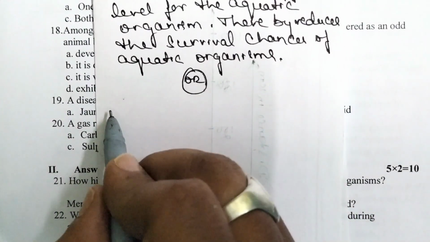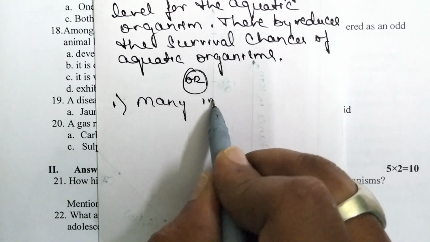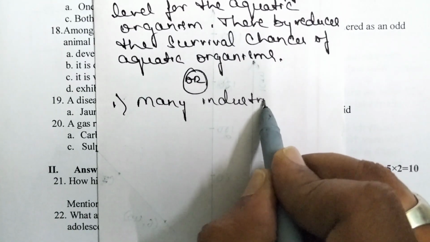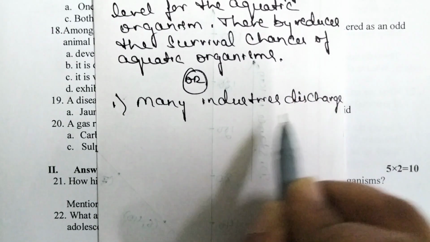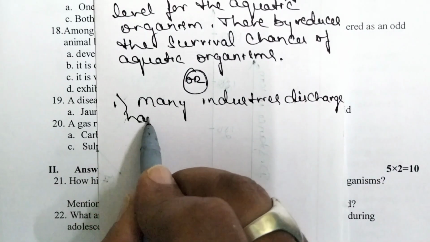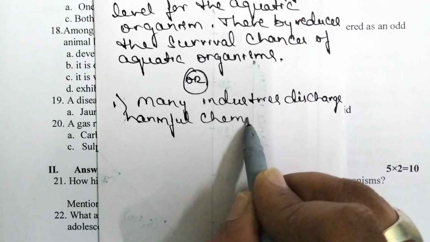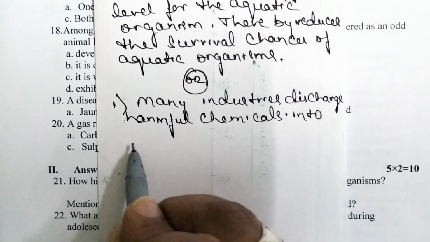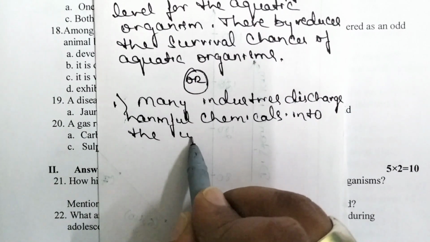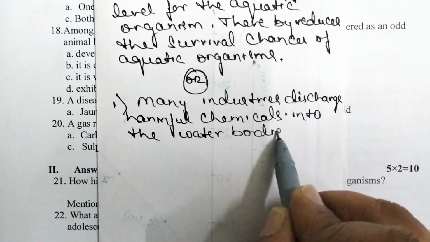Let us list how water gets polluted. The first one is many industries discharge harmful chemicals into the water bodies. It may be rivers or it may be tanks.